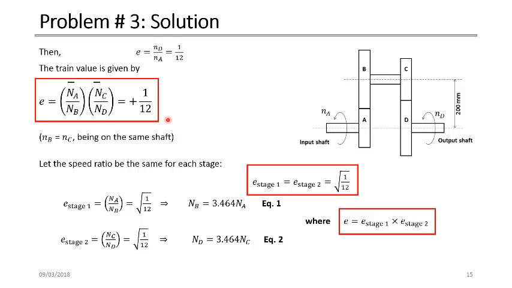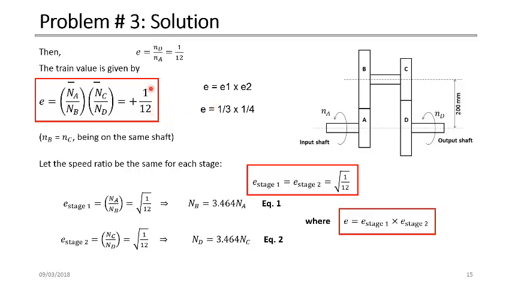At this point, we have two options. If we want to get the exact gear ratio, we must factor this number. For example, between stage 1 and stage 2, the E for the gear train is equal to E1 multiplied by E2, or E for stage 1 multiplied by E for stage 2, which is equal to 1 divided by 12.